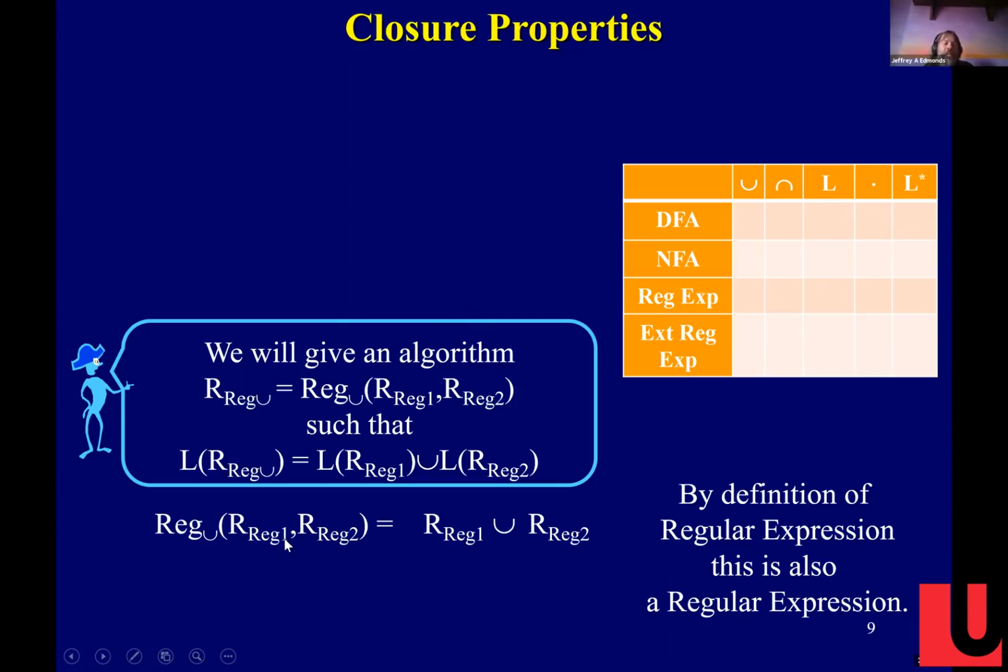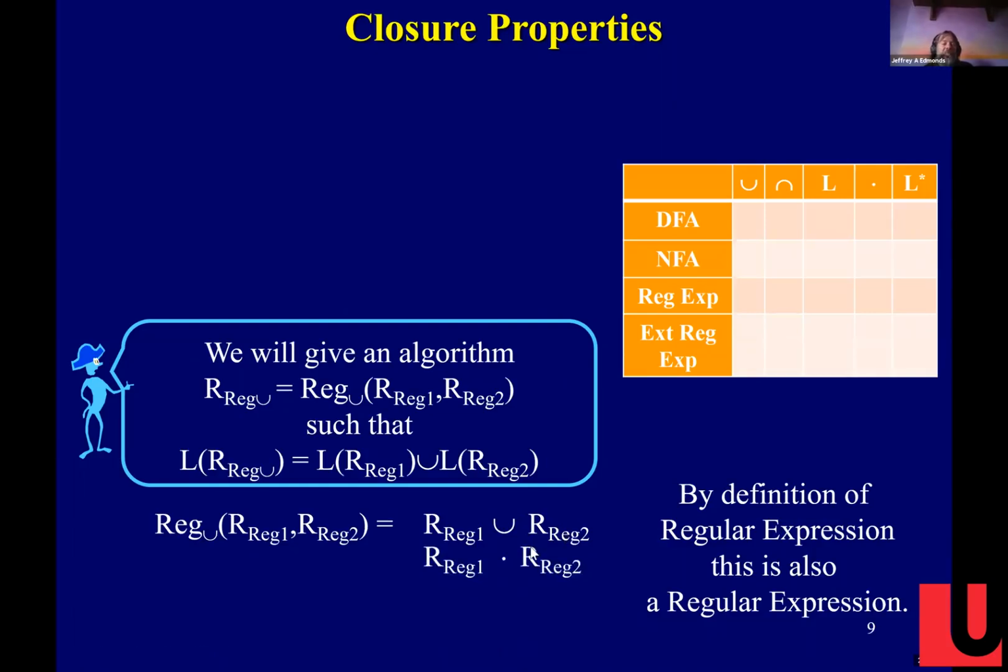What's the third regular expression going to be? It's the union of the first two. And this is a regular expression. And it represents the language which is the union of the language represented by this regular expression and the language of the regular expression by this.